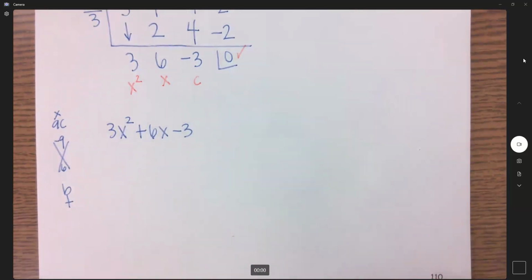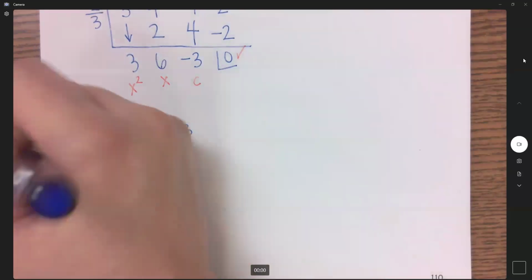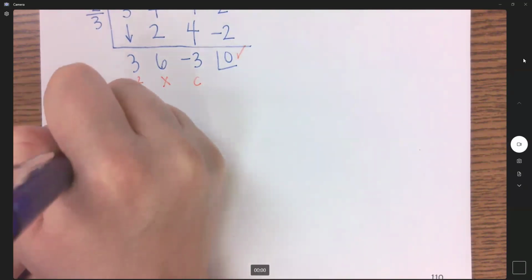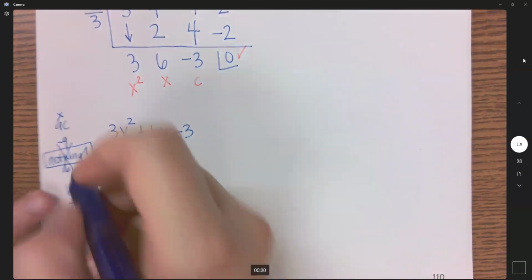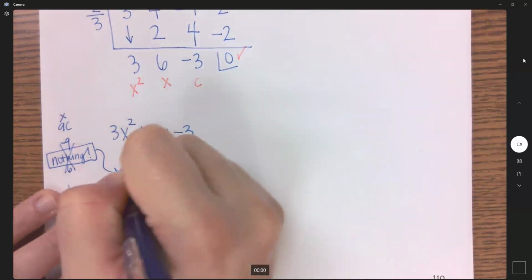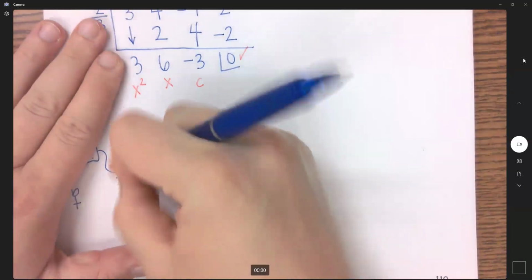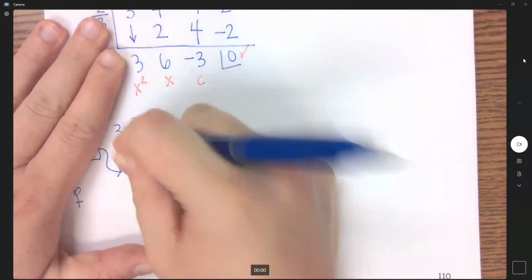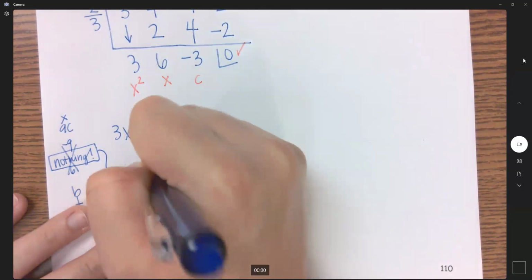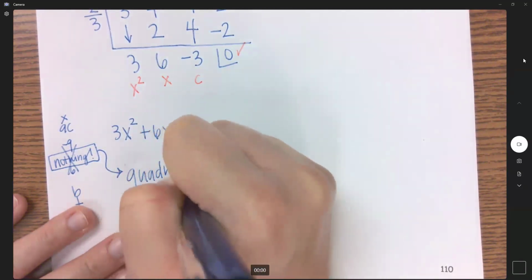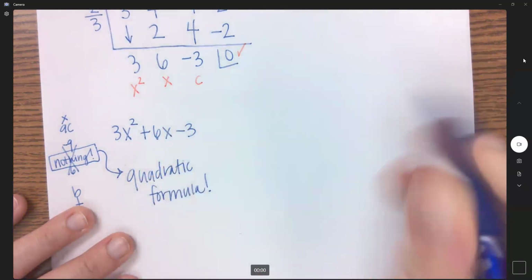Pause the video if you want more time to think about it. And the answer is nothing. So when it is nothing, we get to use the quadratic formula.